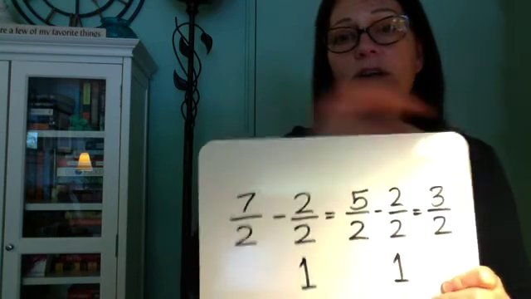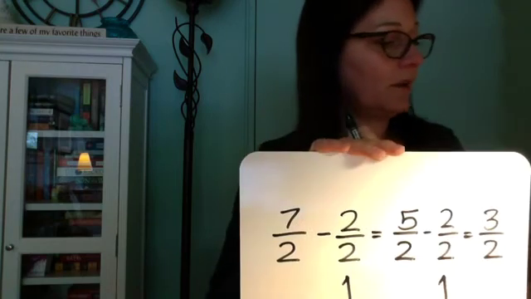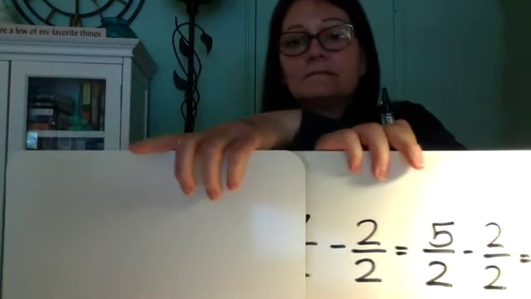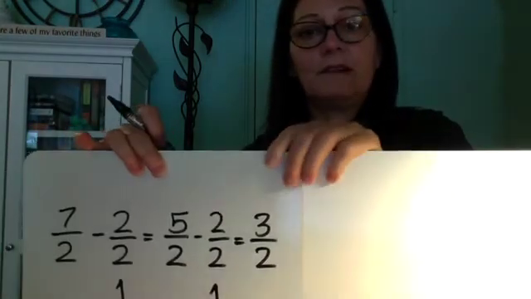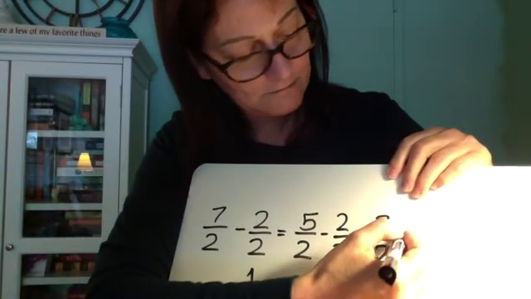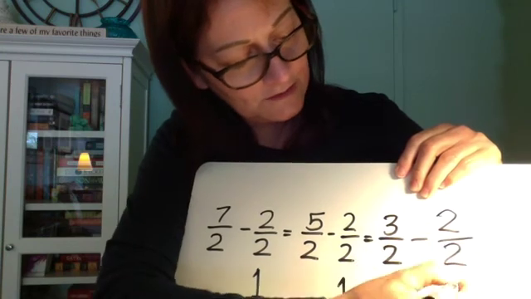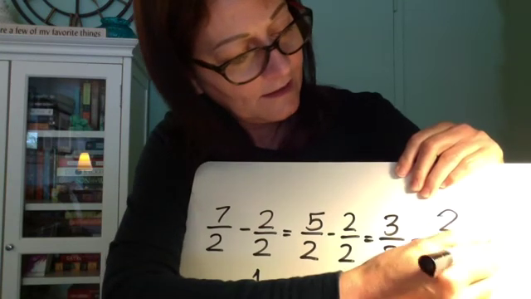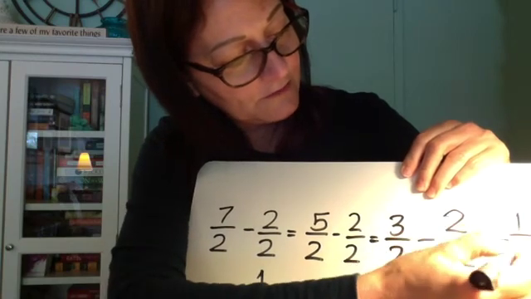Wow. So if I take out another 1, I need another board, I guess. There. Okay. I'm going to have to take out another 2 halves. That's another 1. And I've got 1/2 left.